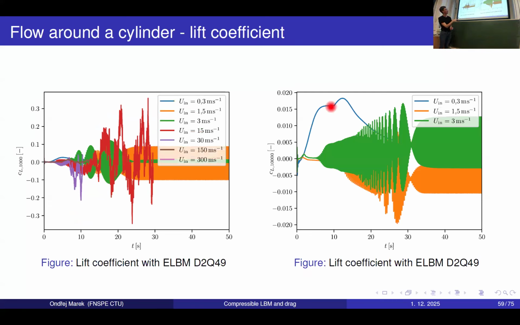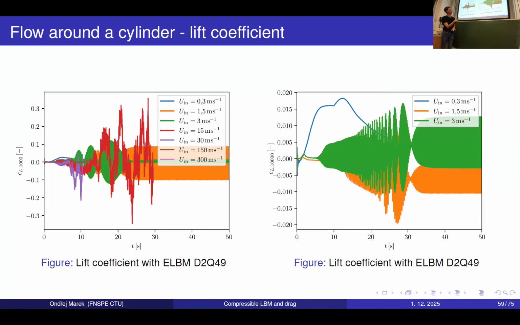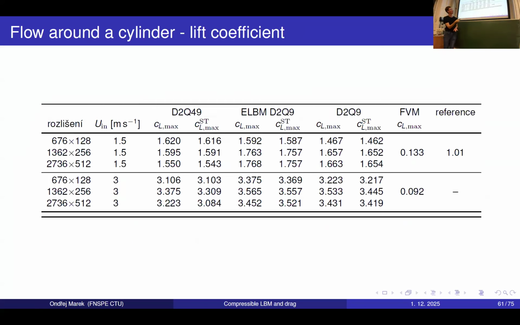Then it also has some weird spike. Those can be seen also in these simulations for the larger velocities, and for the other ones, usually the maximum value is taken. So here, firstly, a table of the results with maximum lift coefficient.